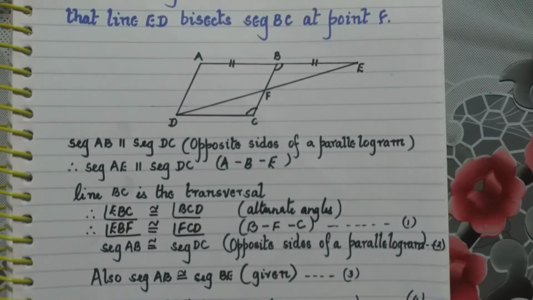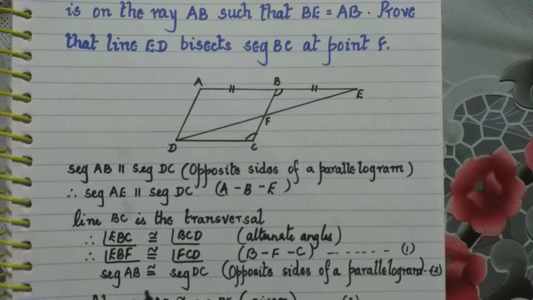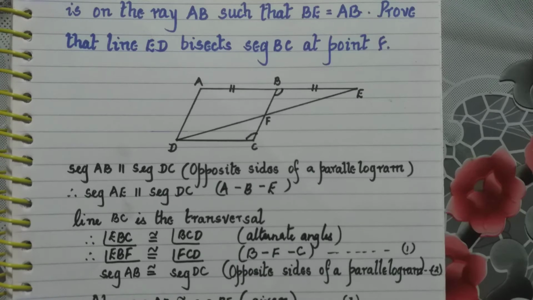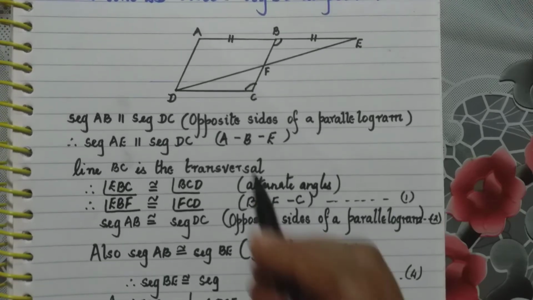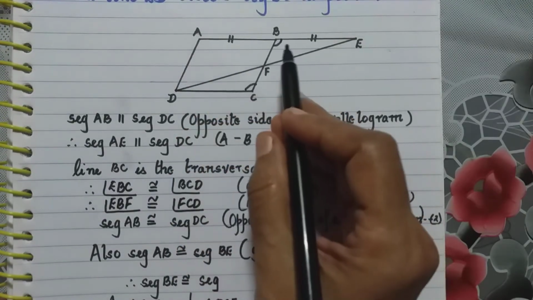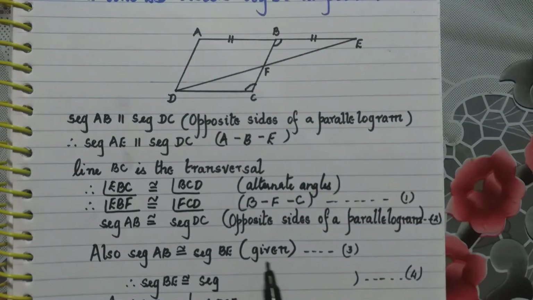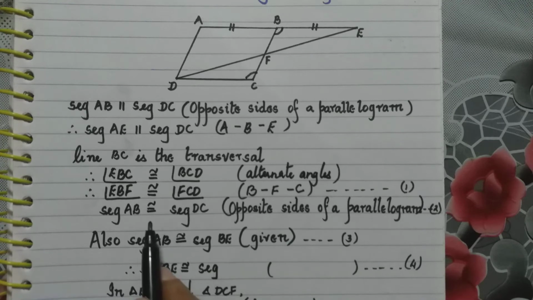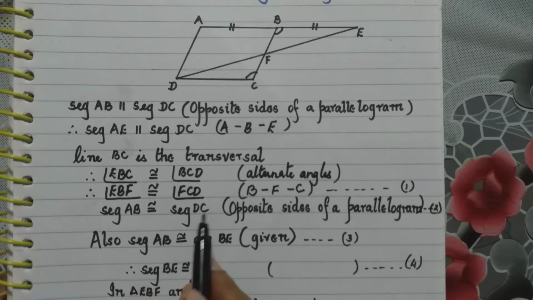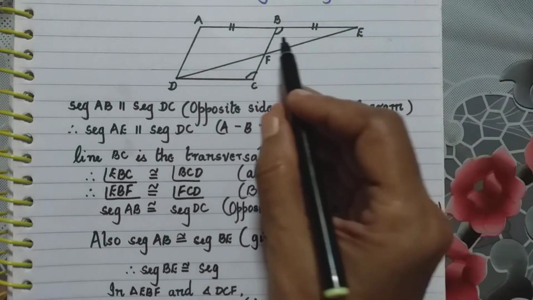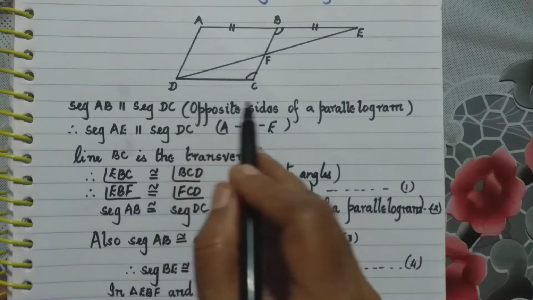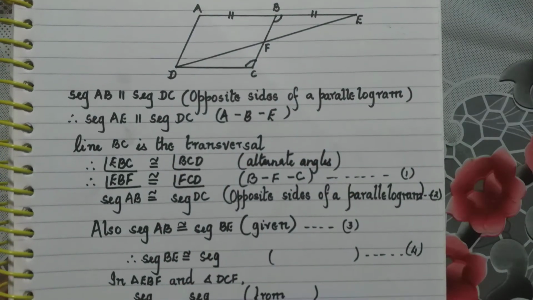Okay, here we had written segment AB congruent to segment DC, opposite sides of a parallelogram. Also segment AB congruent to segment BE, that is given. So from these two, can we say that segment BE now is congruent to segment DC?